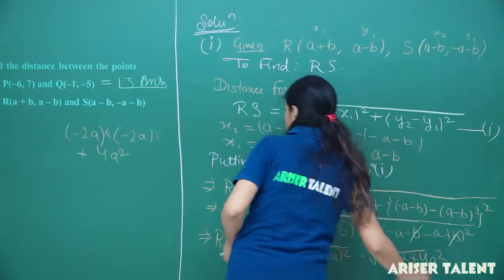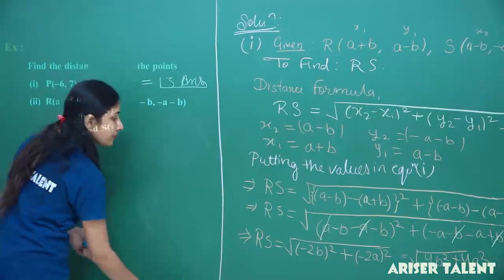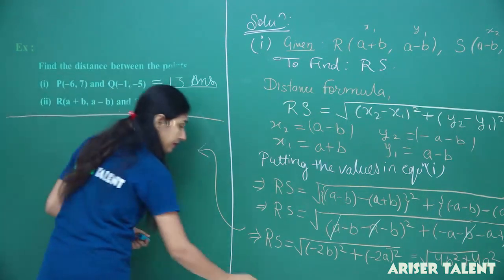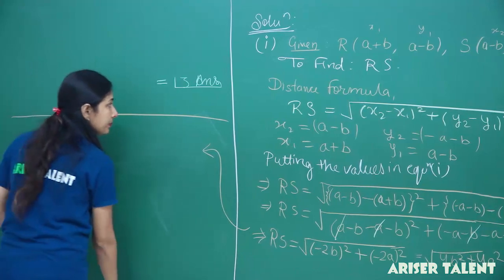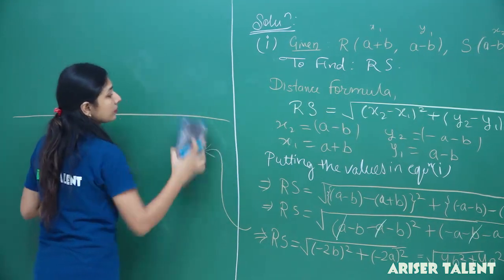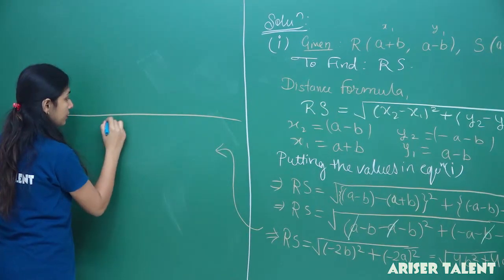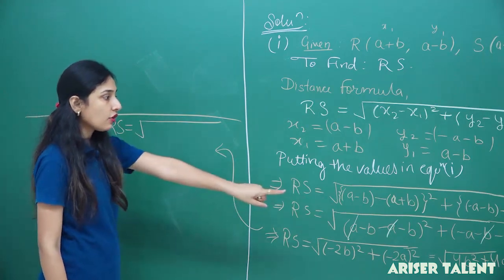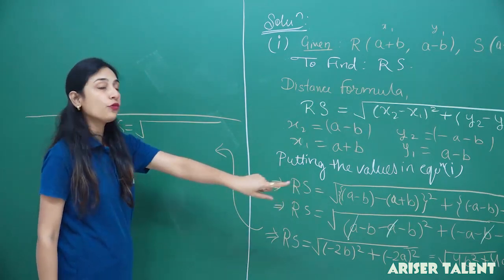Now, student, come this side please. Here we have R is equal to root of what? We have solved this: 4b square plus 4a square.